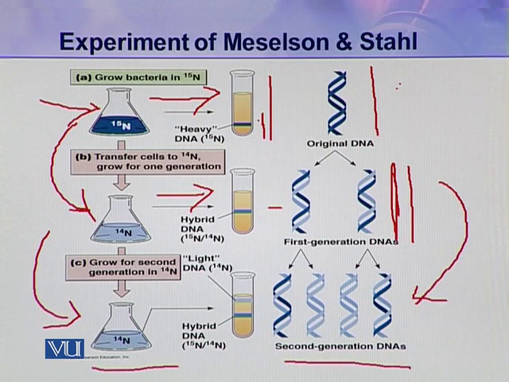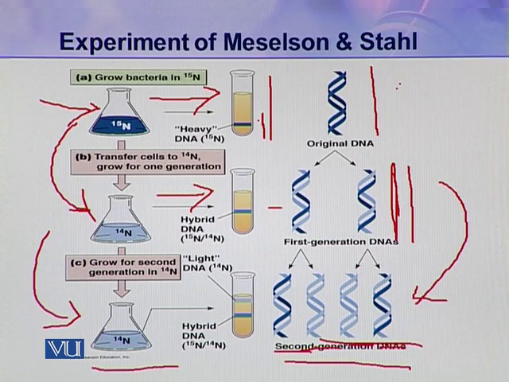After this replication, you can see these two molecules contain one parental strand each. All the other DNA molecules contained new strands which have N14 instead of N15. So here you can see N14 as well as N15.